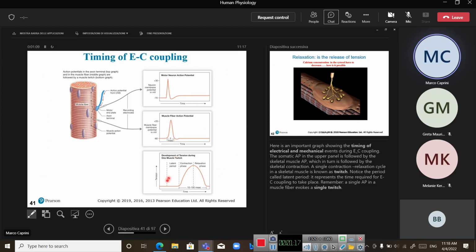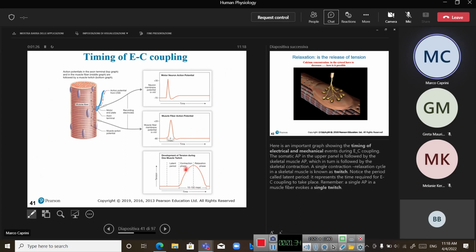And then a single contraction-relaxation phase here, a single twitch. If you remember, the name of a single contraction and relaxation phase is called twitch, okay?